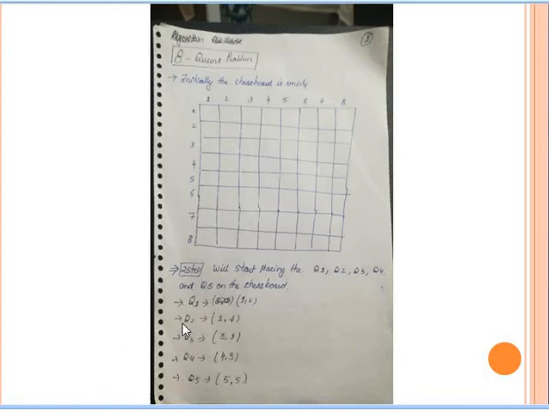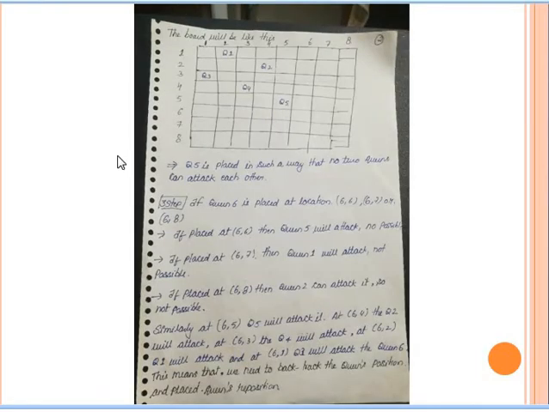Queen 1 will be placed at 1, 2, queen 2 at 2, 4, queen 3 at 3, 1, queen 4 at 4, 3, and queen 5 at 5, 5. After placing the queens in this manner, the board will look like this.